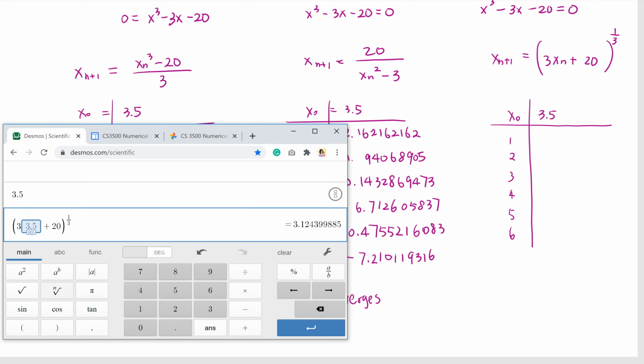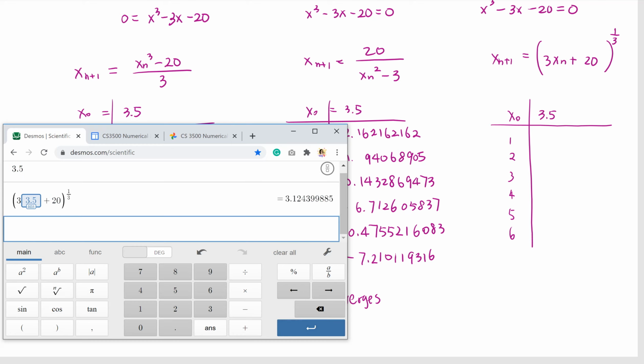You can also do the cube roots button here. Okay, so enter 3.124399885.